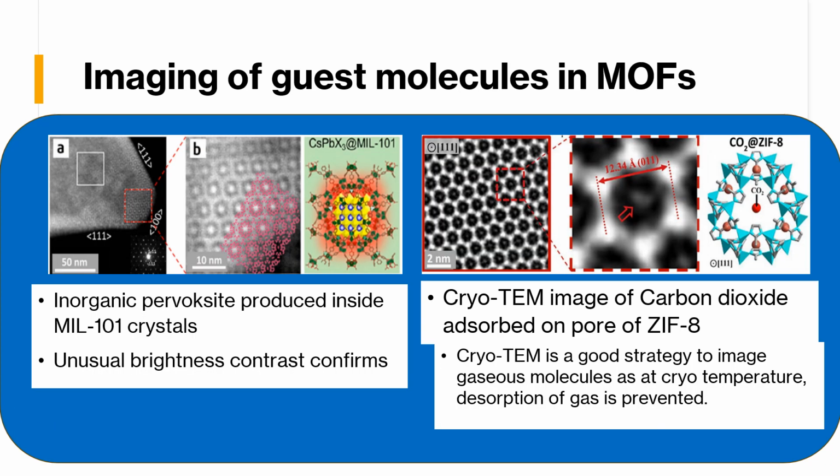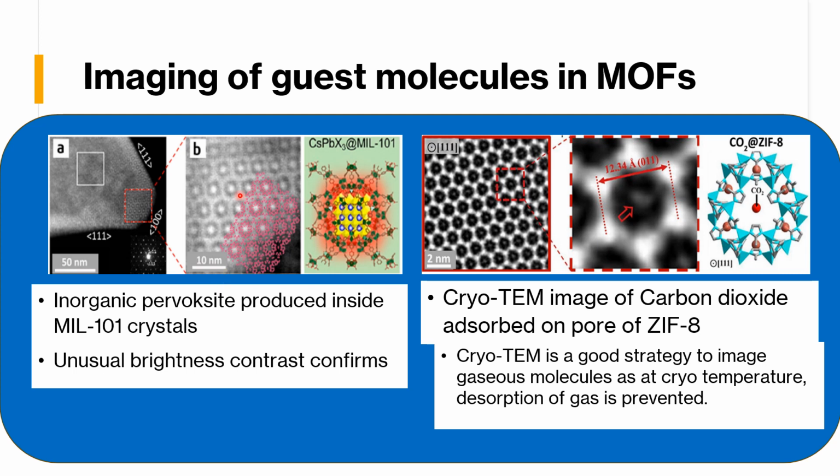Further, we can also image guest molecules. Like this is the image of the MIL crystals, in which inorganic peroxide was made inside the MIL crystal, and after this it was imaged. This is the actual HRTEM image, and this is the zoomed image. The resolution is 10 nanometers, and we can see there is an unusual brightness.